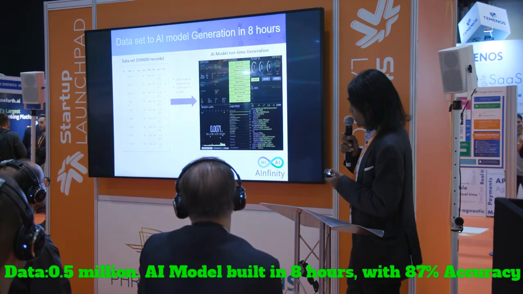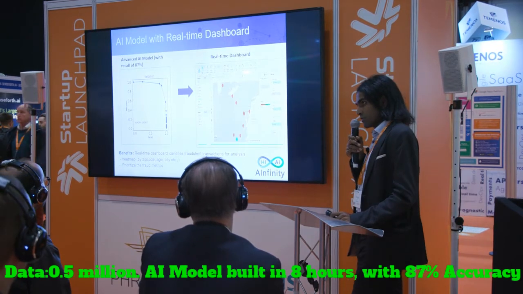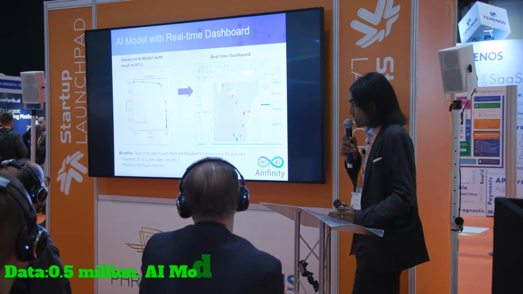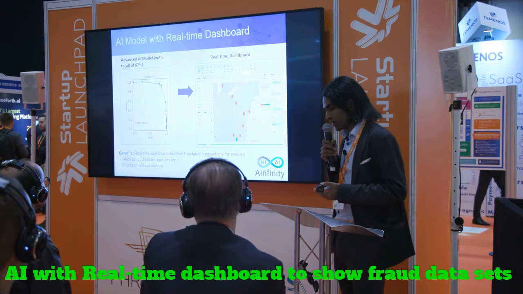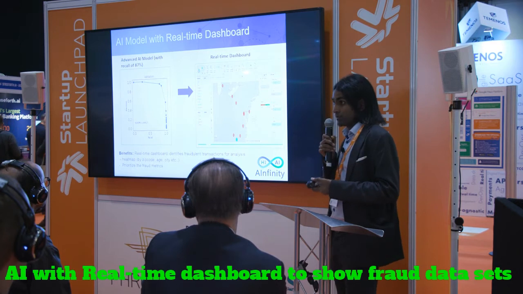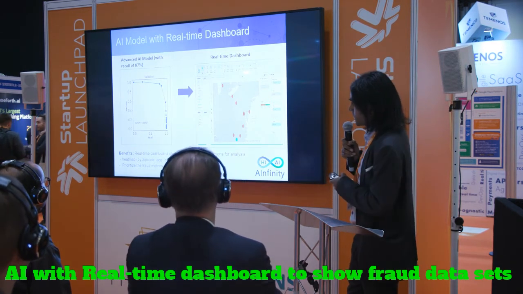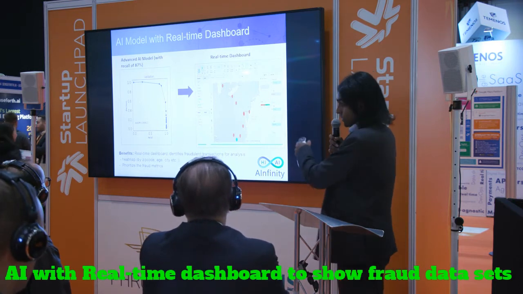The model has 87% recall, which identifies the true fraudulent transactions. It's also self-learning, and it will improve over time with GPU capacity and more parameters. We also exposed that to a real-time dashboard.